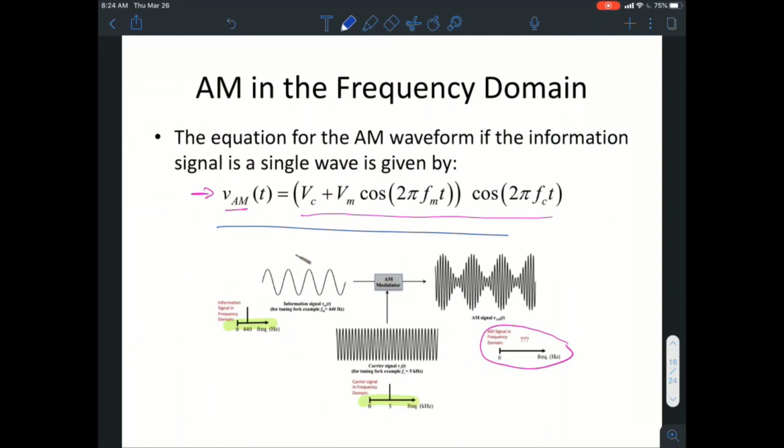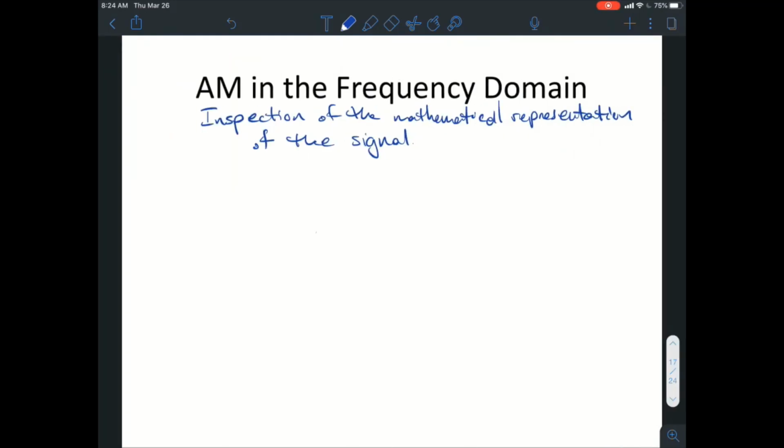This signal here doesn't give us a lot to work with, so we have to apply some trigonometric properties in order to figure some information out. So we'll translate that over here.